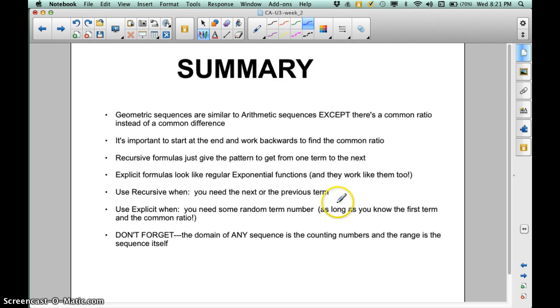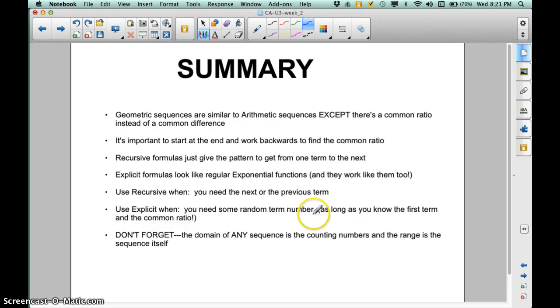Some students have trouble deciding when they need to use the recursive and when they need to use the explicit, unless of course the question tells you which one to use. Use the recursive when you need the next or the previous term. As long as you know the pattern, it's easier to work forwards or backwards if you're only going one term away. Use the explicit formula when you need some random term number.